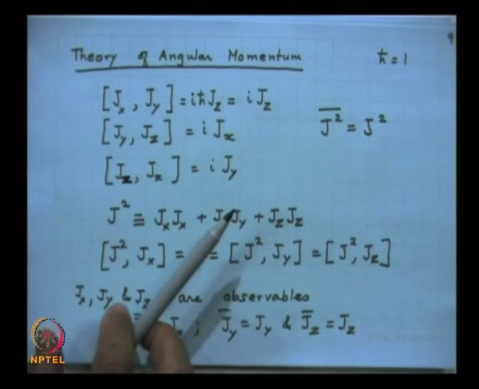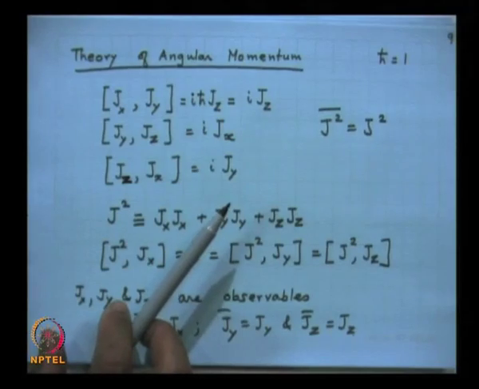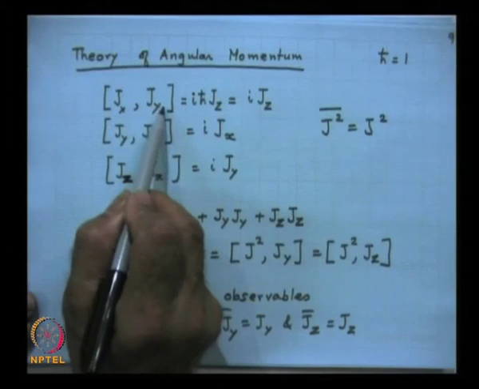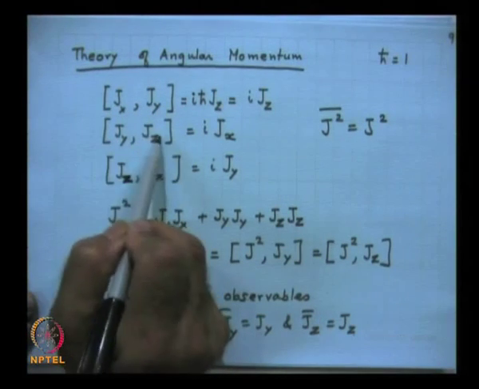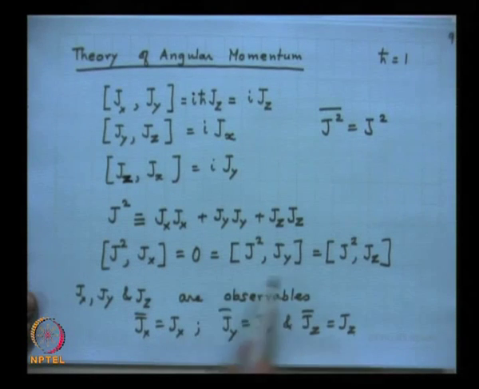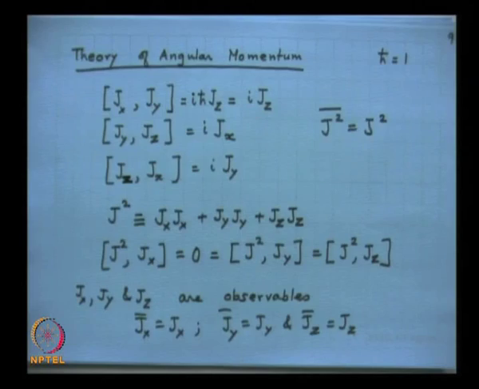We wrote down the Hamiltonian and then we assumed only the commutation relation between x and p. Similarly, here we assume the commutation relations between J x, J y, J z and J z, J x, and that J square commutes with this.